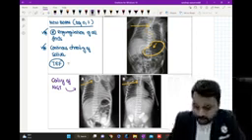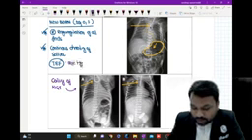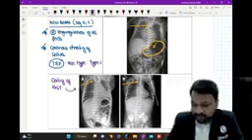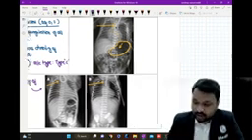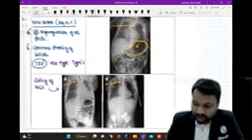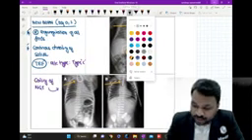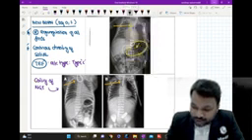I hope everybody knows the most common type. It is called the type C variety or the type 3 variety, right? In the type C variety, it is going to be the proximal atresia with distal communication. You see, if this is the representation of the trachea, the trachea remains absolutely fine.